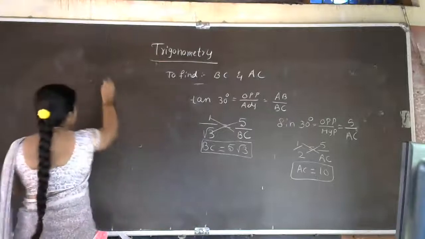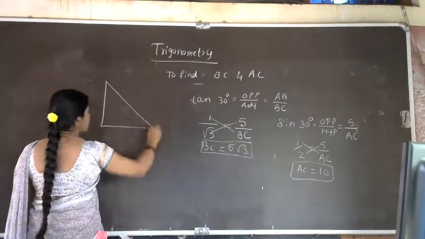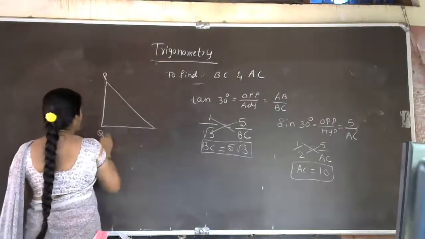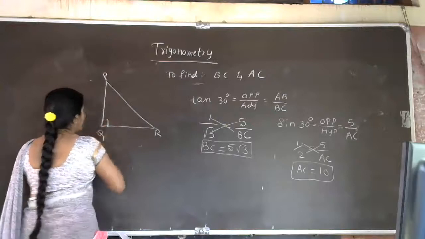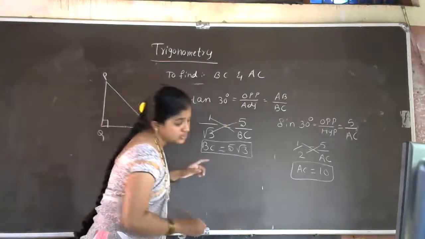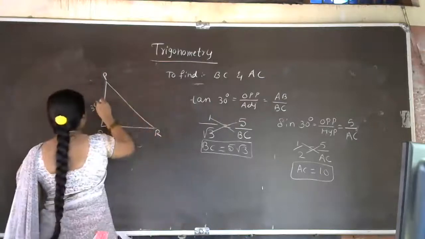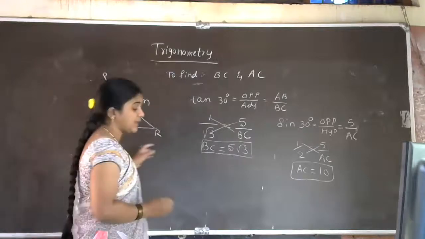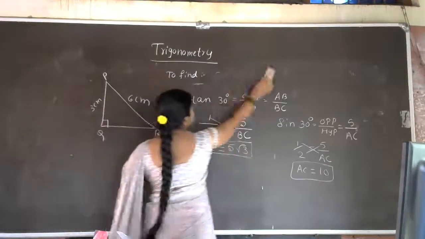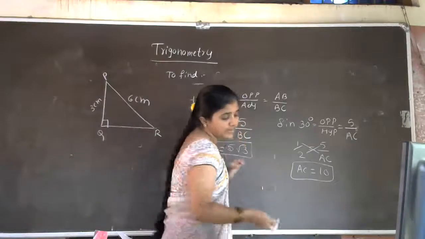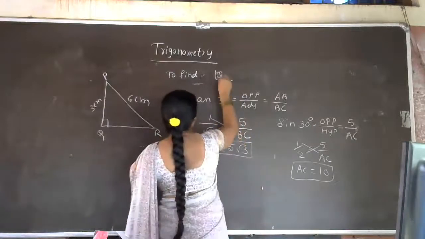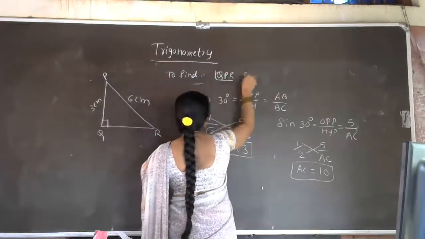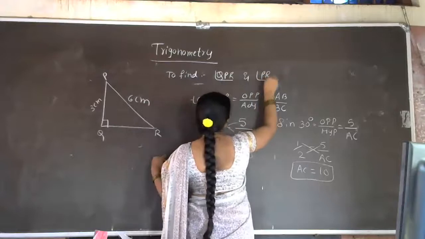We'll draw the diagram first. PQR triangle, this is 90 degree, this is 3 centimeter and this one is 6 centimeter. What we have to find is angle QPR and angle PRQ.